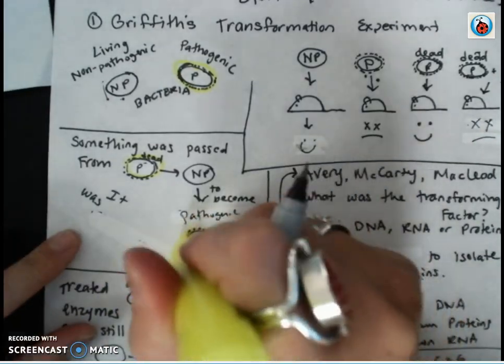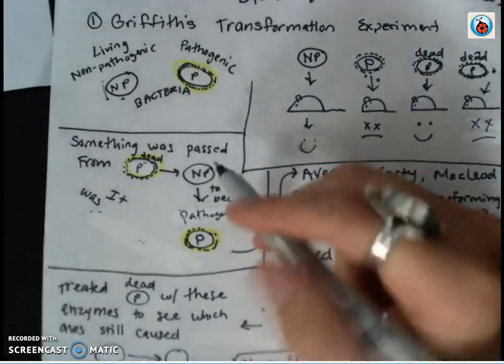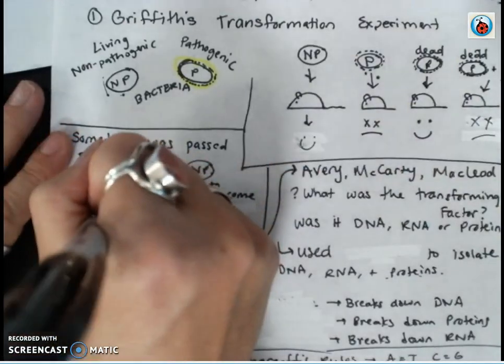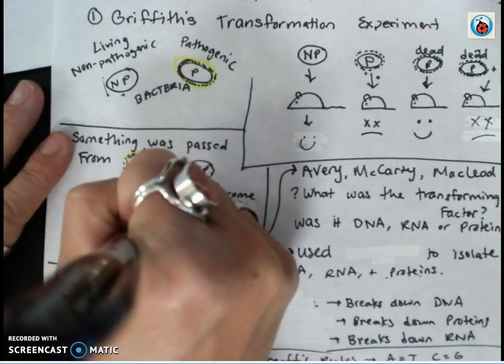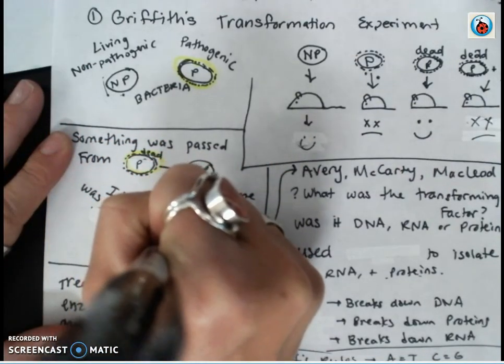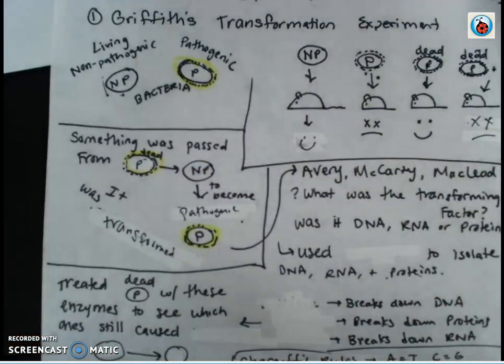So somehow these non-pathogenic bacteria were transformed to become pathogenic. So this was Griffith's transformation experiment. Now back in the day, 1928, he didn't know what was the transforming factor. He didn't know what was doing the transformation, but something changed its phenotype.